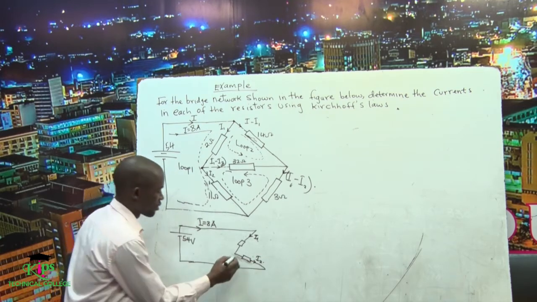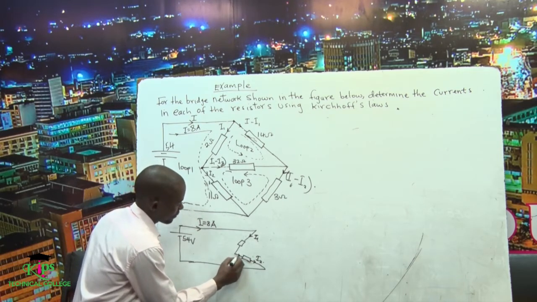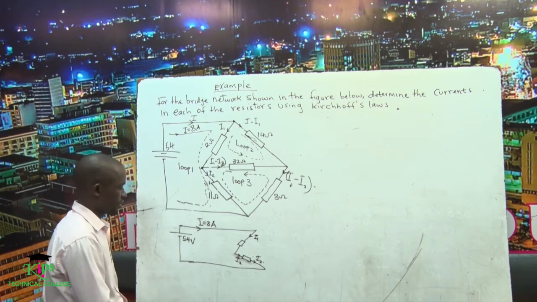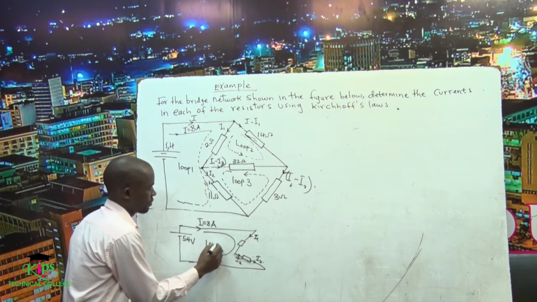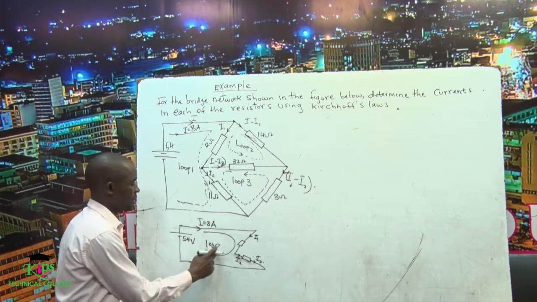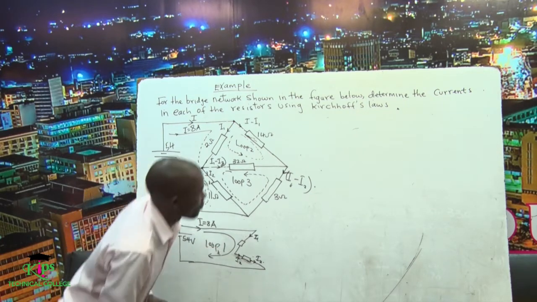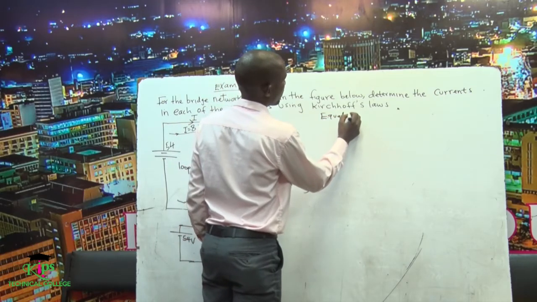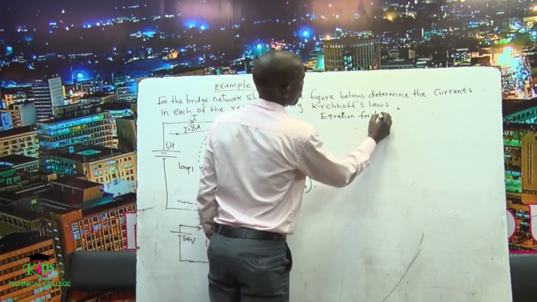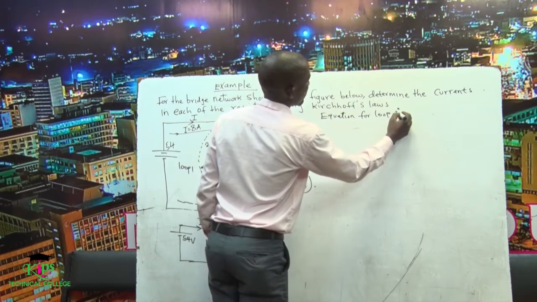The current passing through this resistor is I2. So now, after you have identified this, and we have said this is our first loop, we can now determine the equation for loop 1.